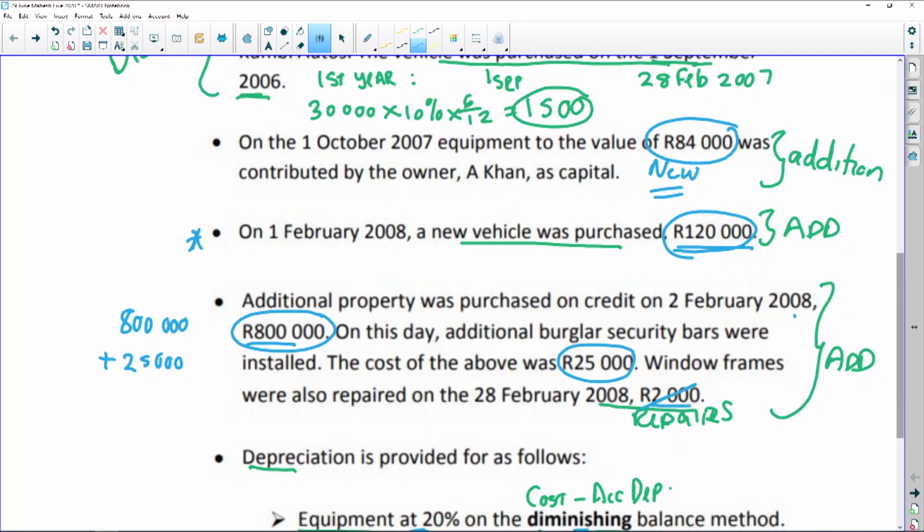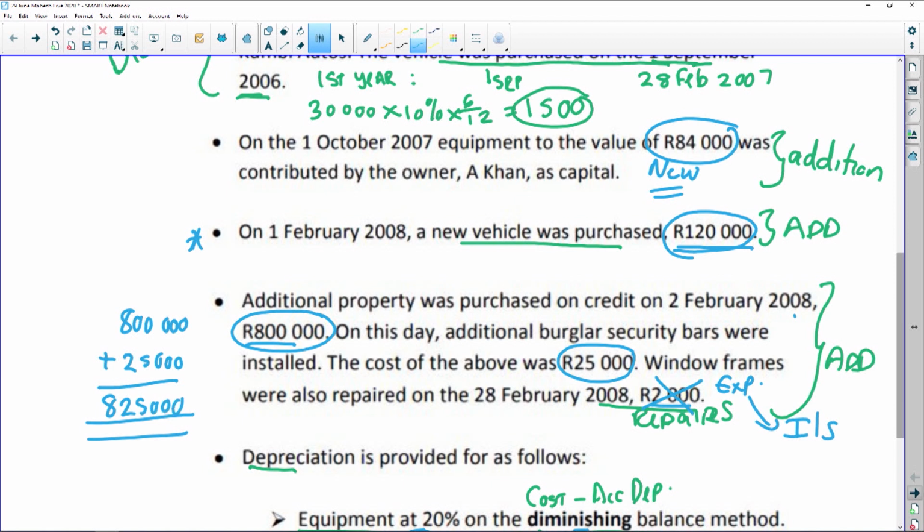So that 2,000 does not go into your tangible asset note. Please remember that, because that 2,000 is an expense and belongs in the income statement, not in our balance sheet.